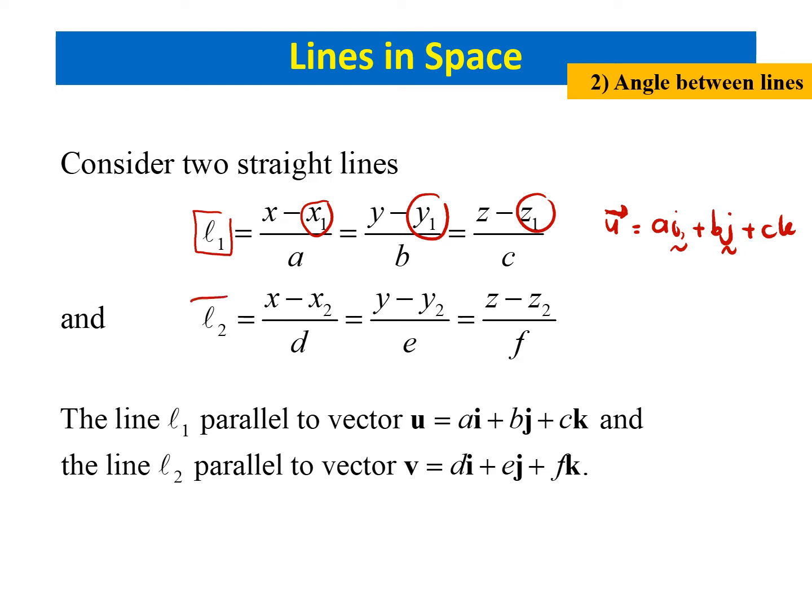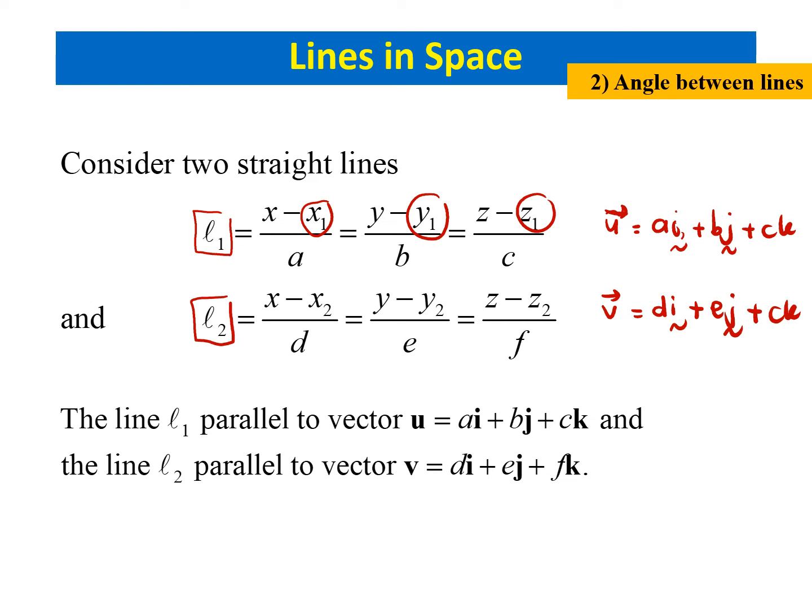And we have our line 2, which is parallel to another vector v, where v equals di plus ej plus fk.